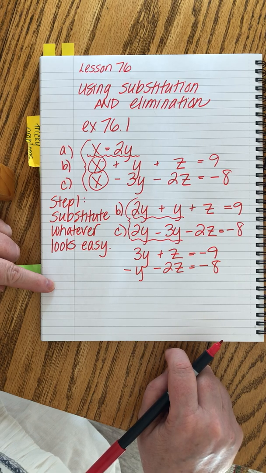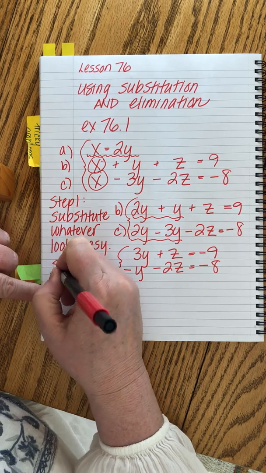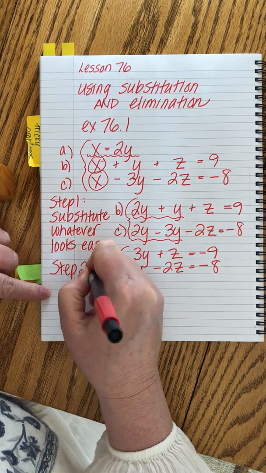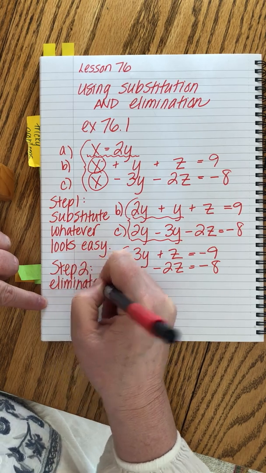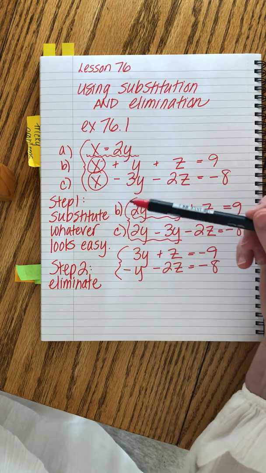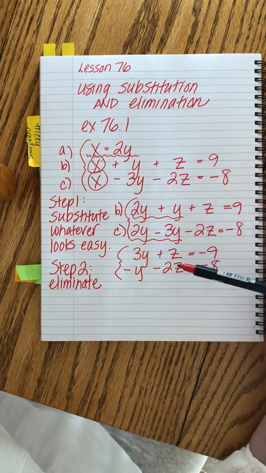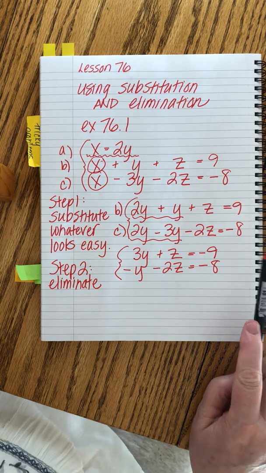And now we're going to have to figure out step 2, which is now eliminate, okay? Just by substituting in A into B and C and then adding like terms, we've created what looks now like a very normal kind of system of equations.